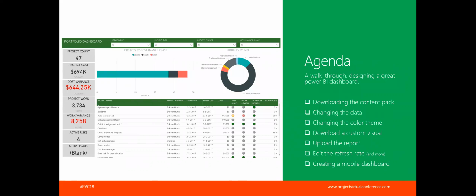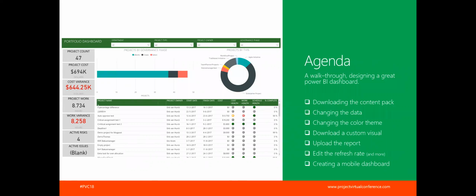All you need is a ready-to-go Project Online environment, a license for Power BI, and permissions to navigate the reporting side of Project Online. We're going to download the content pack, change the data, and change the color theme, because this might look cool, but if you have a different company logo or house style of coloring, that's something to look into.